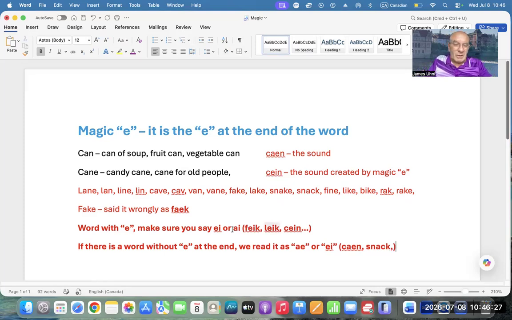So make sure when there is magic E, you read it as A or I: fake, lake, cane. When there is no E at the end of the word, it doesn't really matter, because if you say can or can, it's pretty much the same thing.